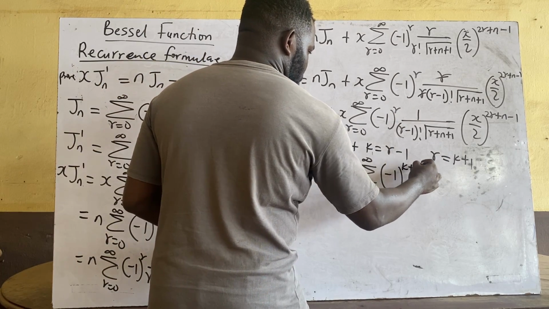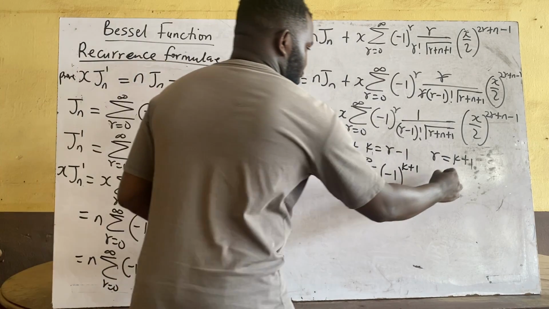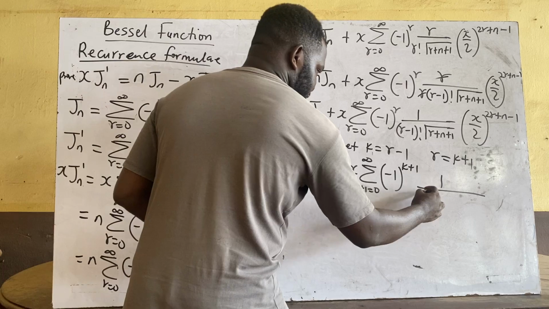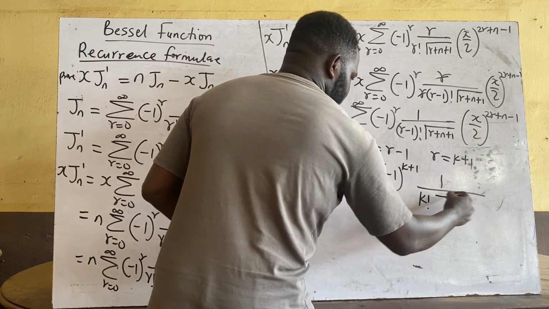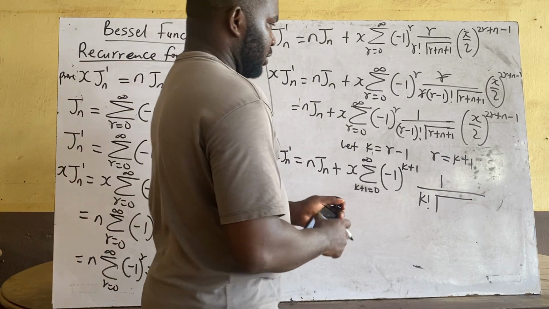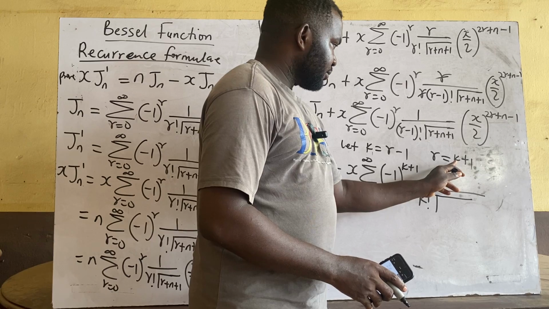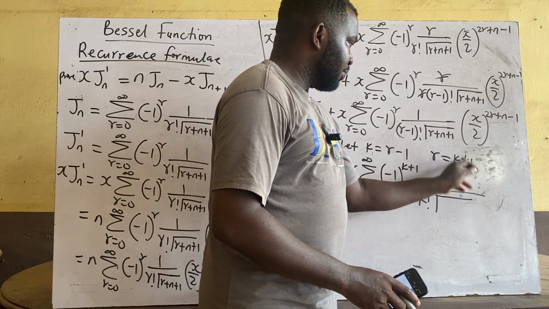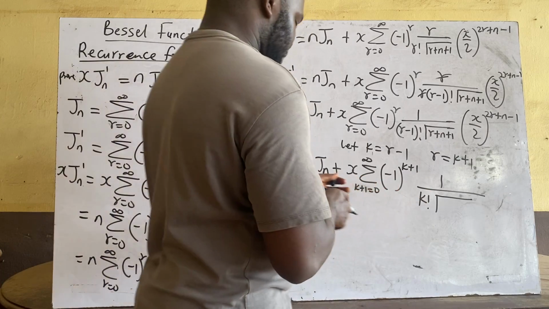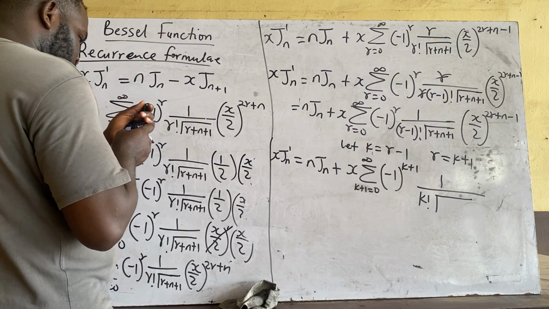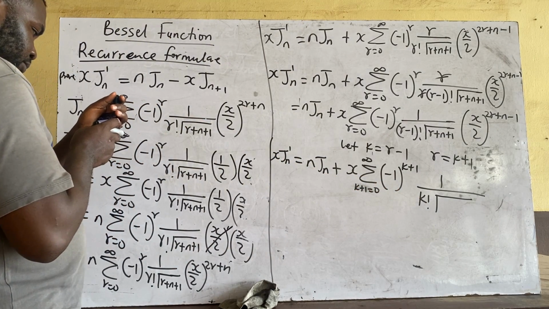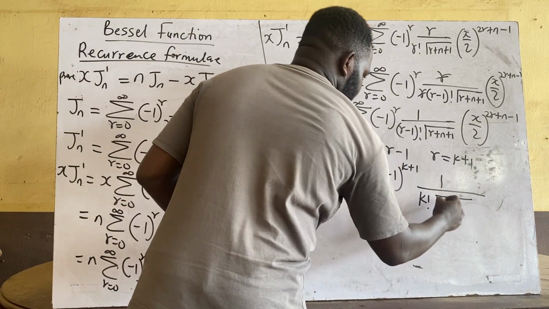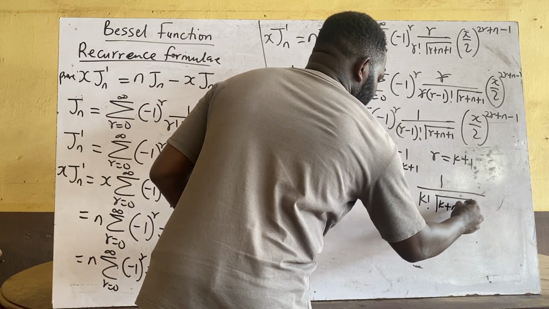You are getting it. Then 1 over, since r minus 1 is k, I have k factorial, then the gamma function of k plus 1 plus n plus 1, so that is k plus 2. Here it will now be k plus n plus 2.